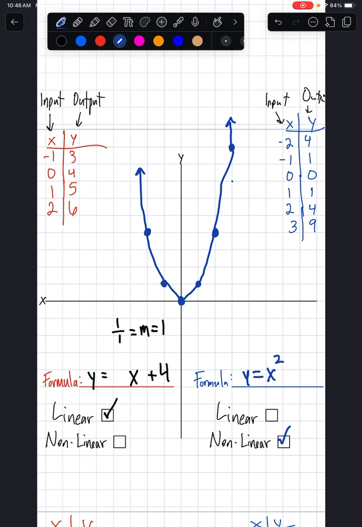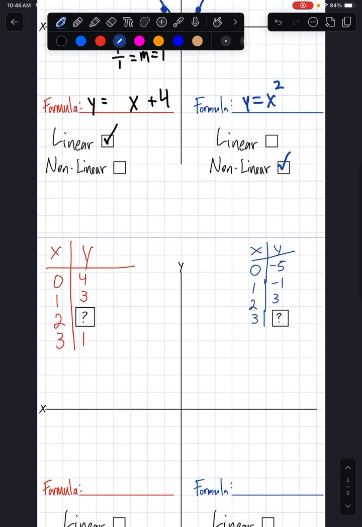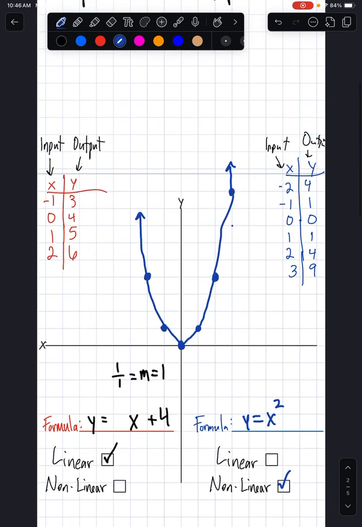If you're struggling with this, I would encourage you just to look back over the video and restart it, because this is an important concept and it will make sense the more you are exposed to it and can think about it.